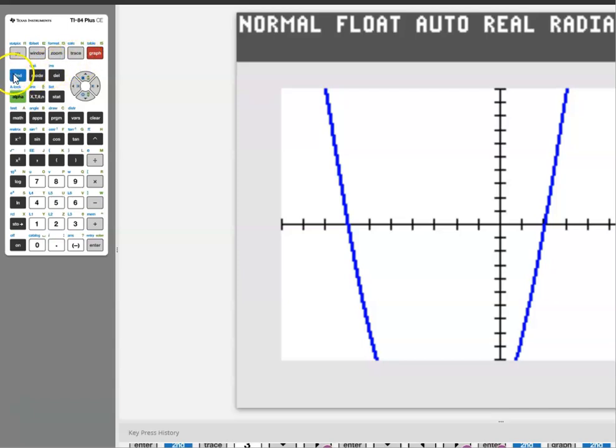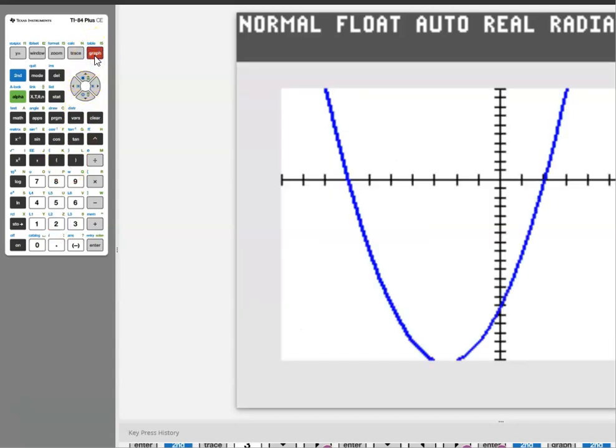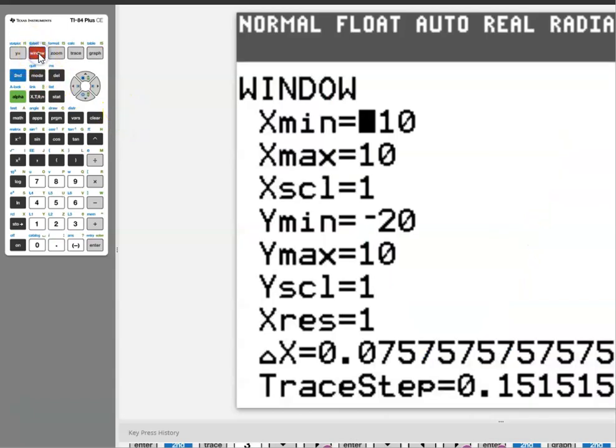So go to window once more. My only problem is this. Why not make that negative 20? And then hit graph. Almost. Oh, look how close I am. Okay, since I'm so close, when I go to window, it's just this one that's a problem.